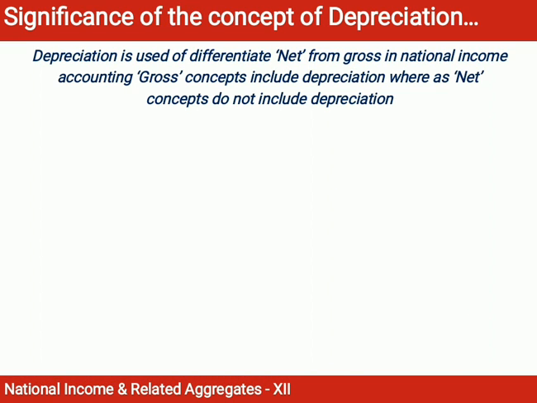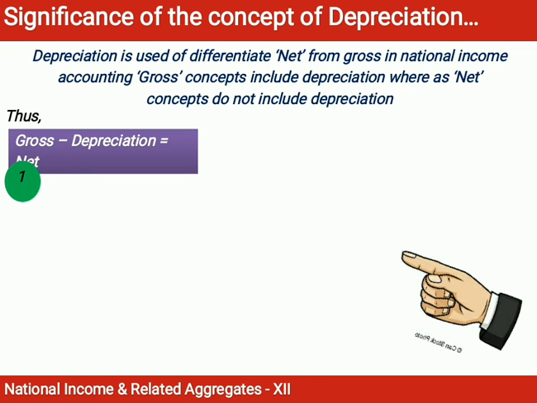What is the significance of the concept of depreciation in the economy? The concept of depreciation is very important to differentiate between the gross value and the net value. Gross includes depreciation, whereas net excludes it. For example, gross value equals net value plus depreciation.